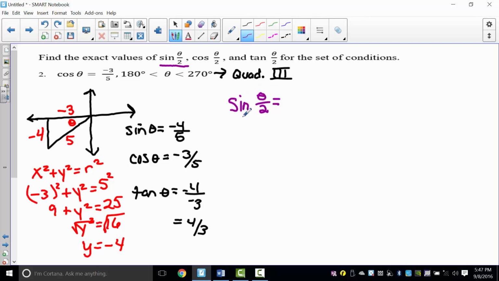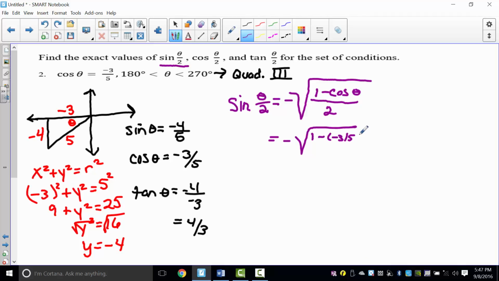In quadrant 3, sine is negative, so take that negative sign. So it's negative radical 1 minus cosine theta over 2.